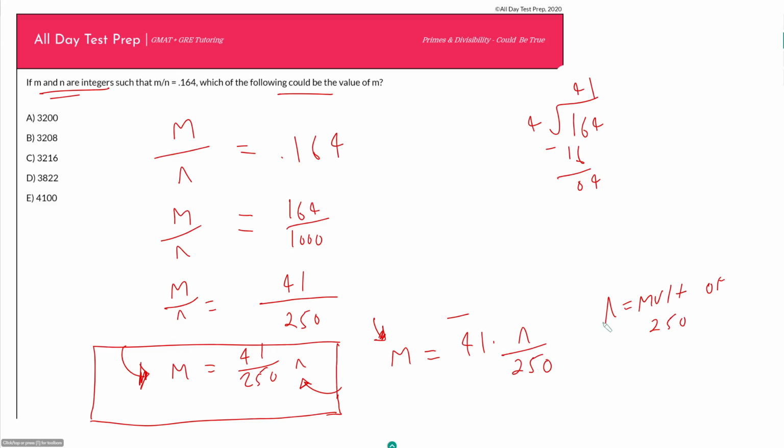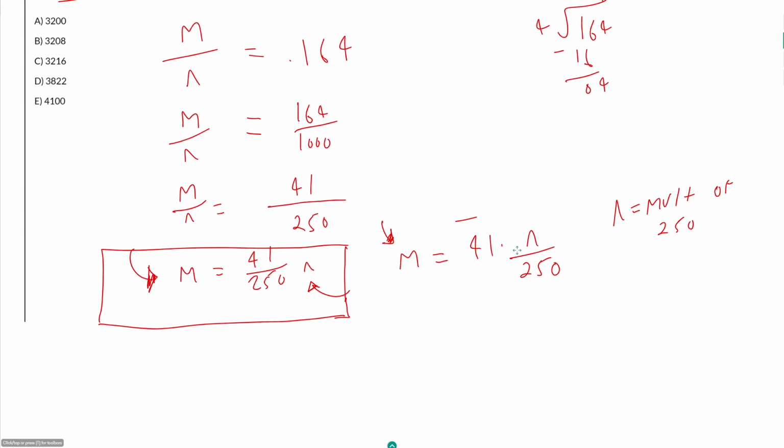Now, what about m? Just because n must be a multiple of 250, that does not mean m has to be a multiple of 250, because not all of that 250 gets included in the m. Part of it is just being used to cancel out the 250 on the bottom here.